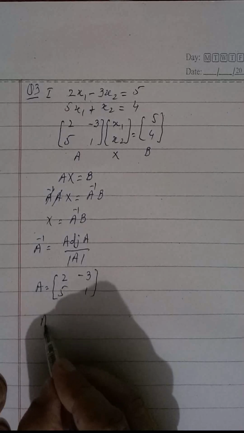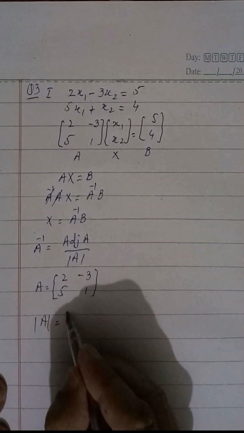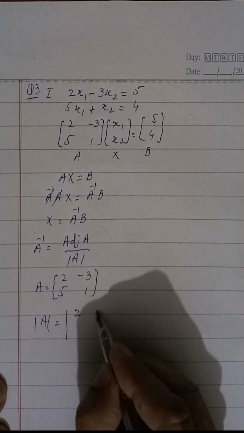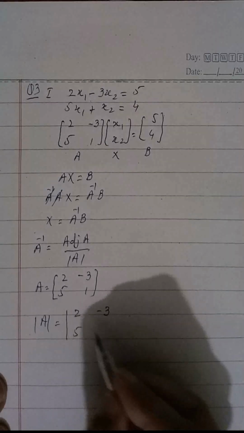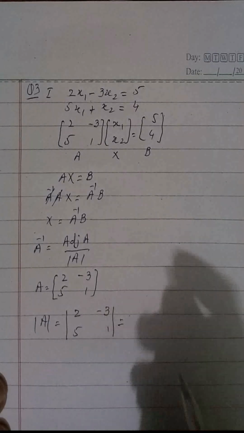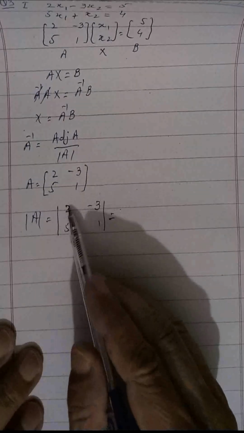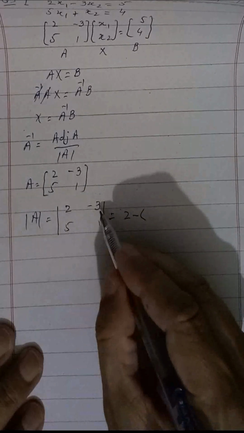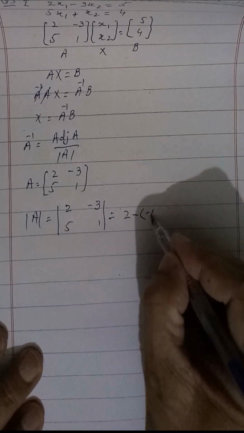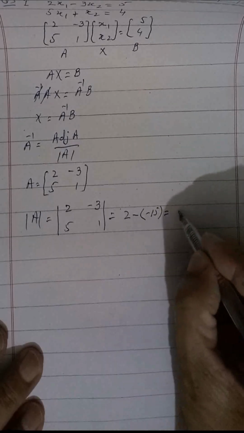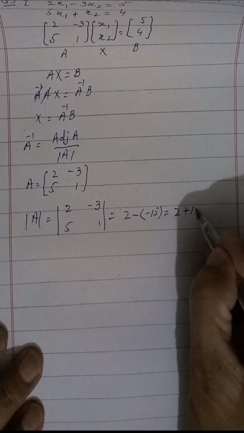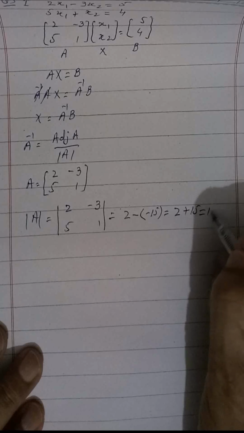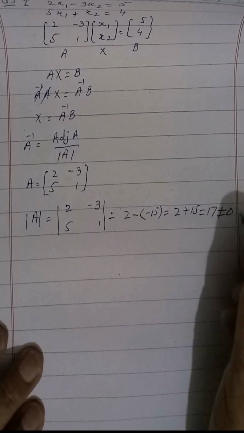Find the determinant of A, which is the determinant of [2, -3; 5, 1]. Solve it. 2 multiplied by 1 is equal to 2, minus 5 multiplied by minus 3 is equal to minus 15, which is equal to 2 plus 15 is 17, and not equal to 0.